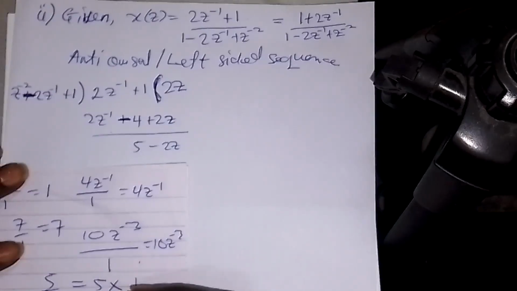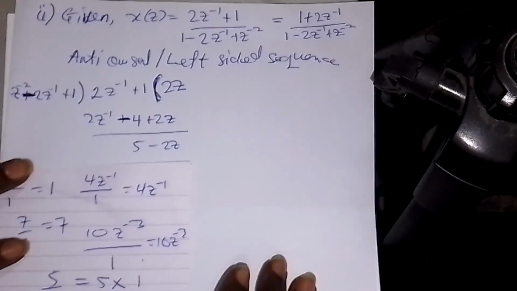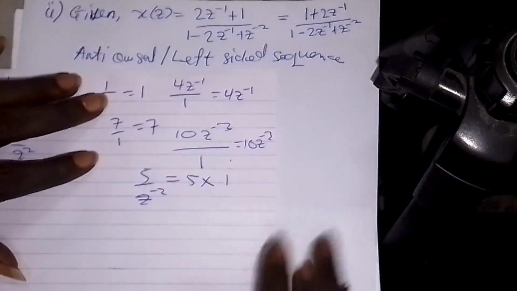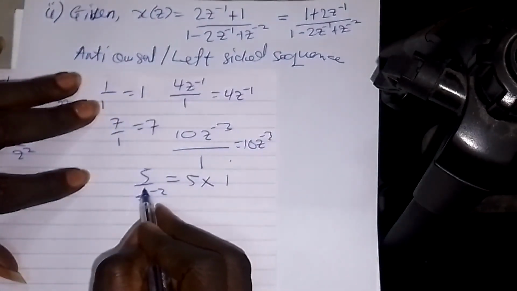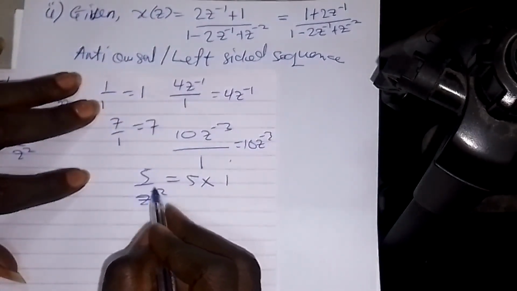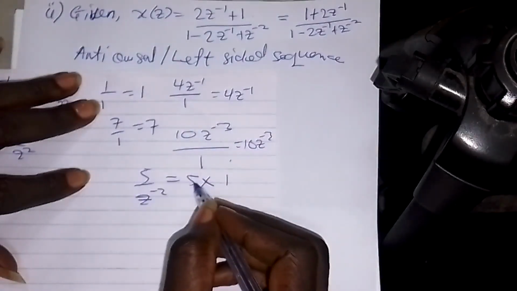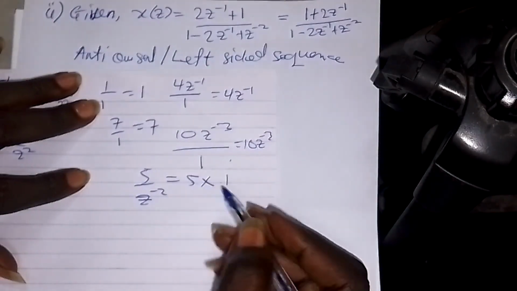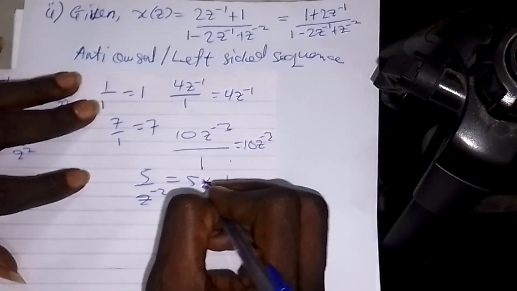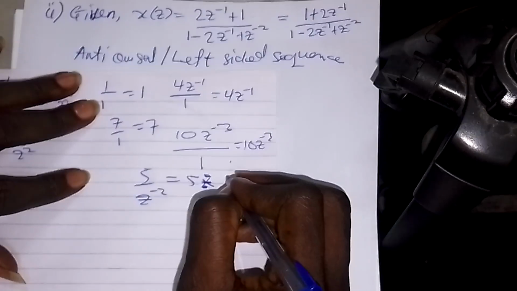Which is equal to 5 times 1, so I'll get 5 divided by exponent minus 2.